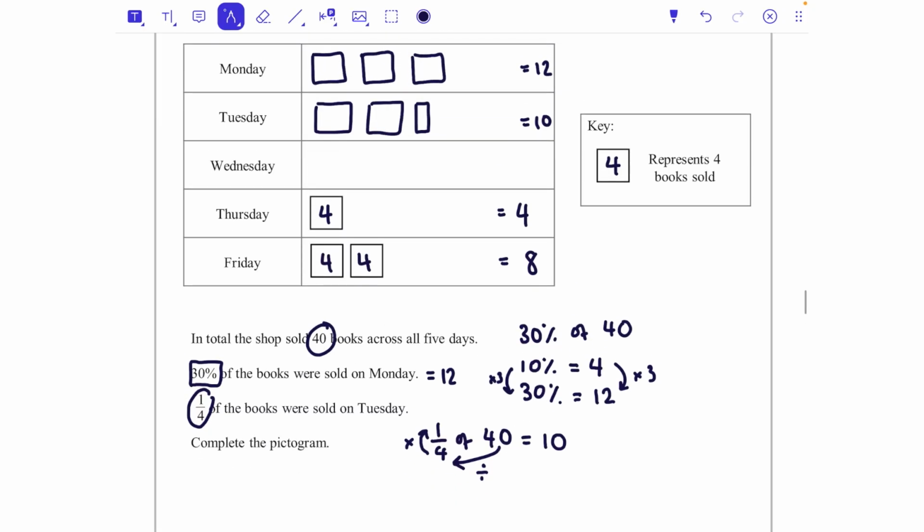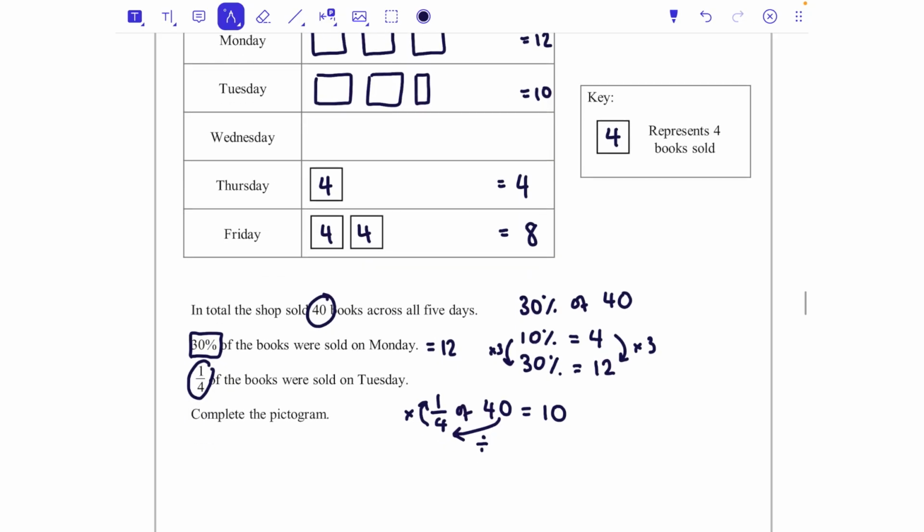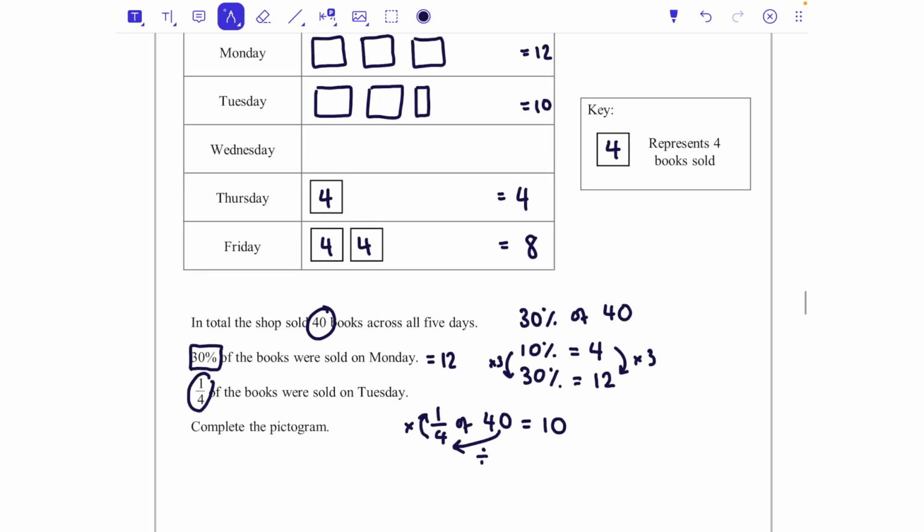Now we just need to work out how many are on Wednesday. We know there were 40 in total, and so far I've got 12 on Monday, 10 on Tuesday, 4 on Thursday, and 8 on Friday. So I'm going to do 12, add 10, add 8, add 4, add that up and see what we've got so far. So that's 14, carry the 1, 1 add 1 is 3.